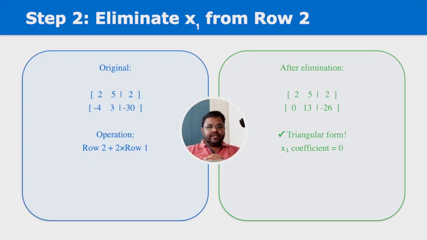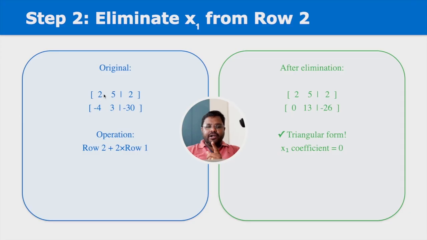So my original system is 2, 5, 2, minus 4, 3, minus 30. I will replace the second row with row 2 plus 2 times row 1. What happens here? You add 2 times row 1. 2 times row 1 is 4, 10 and 4.